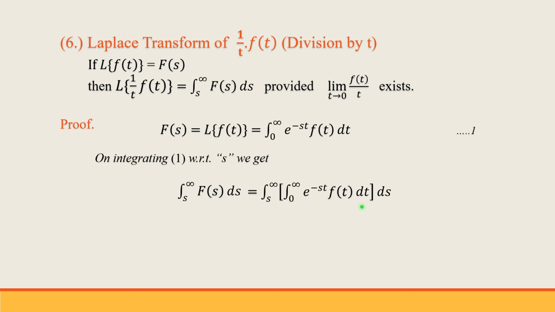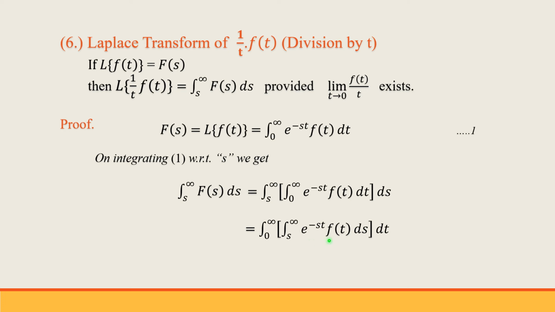Here we can interchange the inner and outer integral, that is, we can move the outer integral inside the bracket, so it becomes integral 0 to infinity, in bracket, integral s to infinity e raised to the power minus st f(t) ds, close the bracket, into dt.